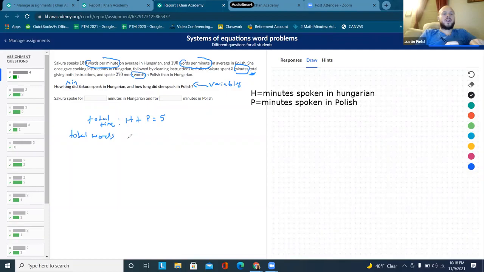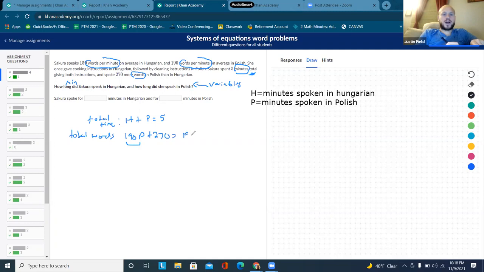So we know that she speaks 190 words per minute. So multiply that by the minutes, and that is the total words spoken in Polish. But she also spoke 270 more words. Oh, hold on. See, now I messed it up.